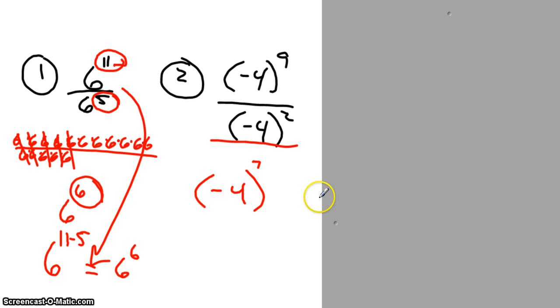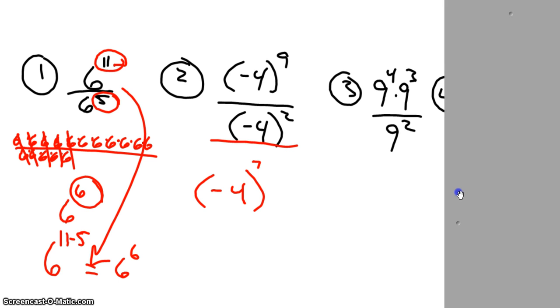Okay? And let's try it again. We have now a product in the numerator. We have multiplication of 2 powers of 9. 9 to the 4th times 9 to the 3rd over 9 squared. So we have to apply the product of powers in the top.